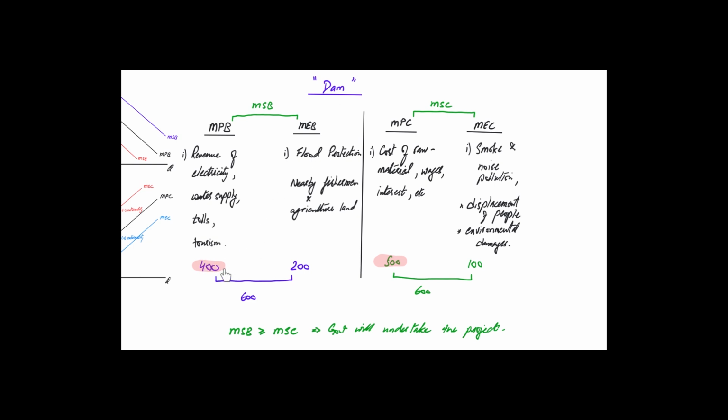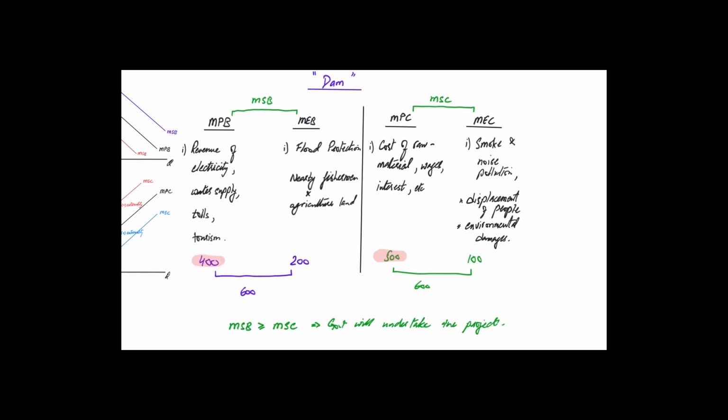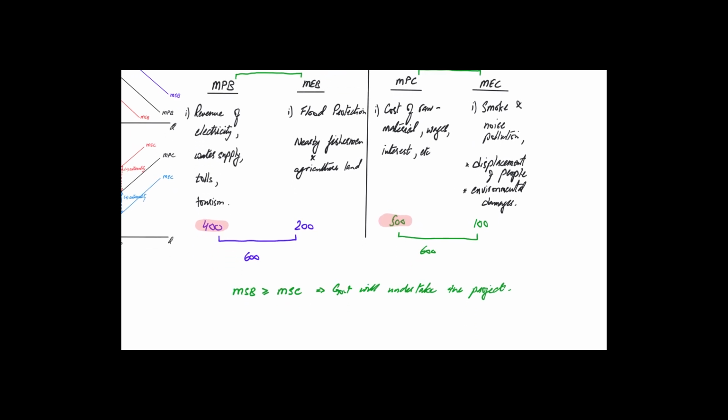So this particular dam, the market is not going to produce. From the market's point of view, there is a loss. But from the society's point of view, this dam is actually not harmful because the external benefits outweigh the external costs. The government will not do the project in the case that the marginal social benefit is less than the marginal social cost.